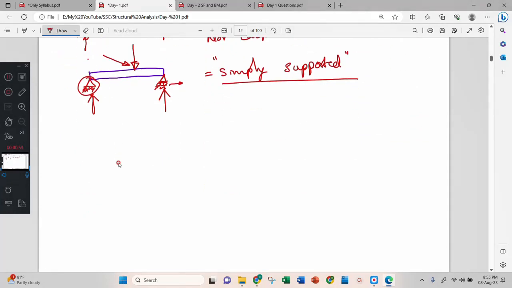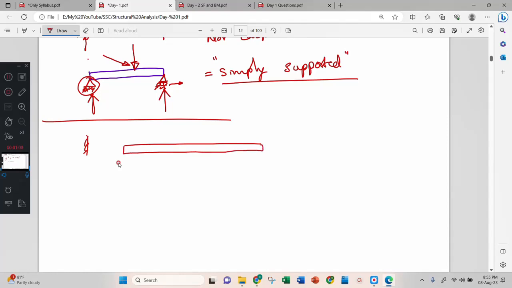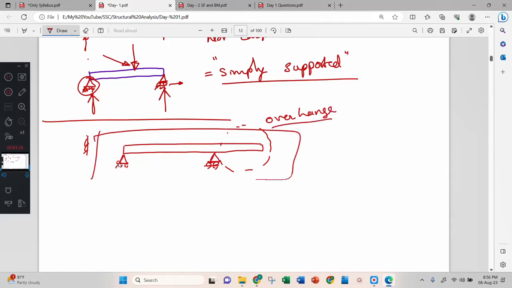Then we have another beam. I will consider the simply supported beam only, with an extended portion of the beam at one side. See here, this side is extended. This portion I will call an overhang, and this beam is called an overhanging beam, or specifically a one side overhanging beam.